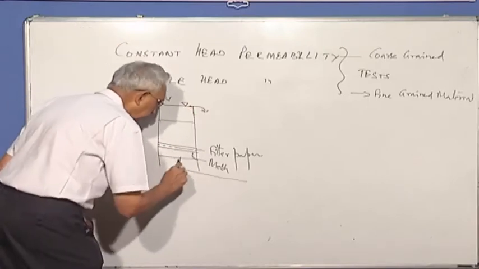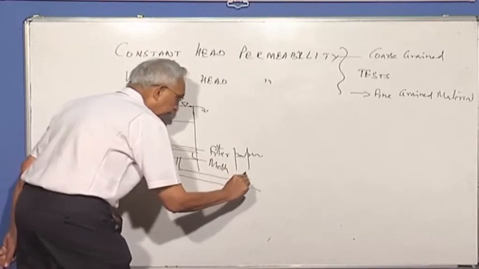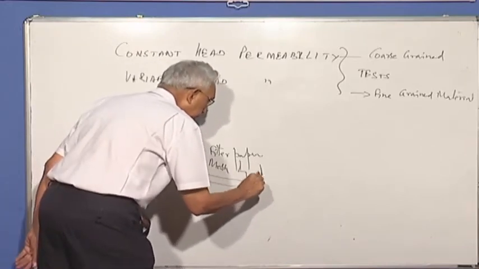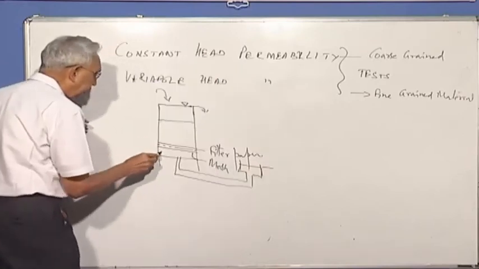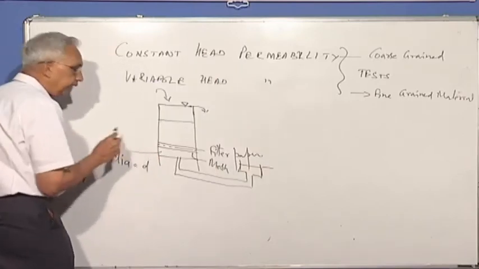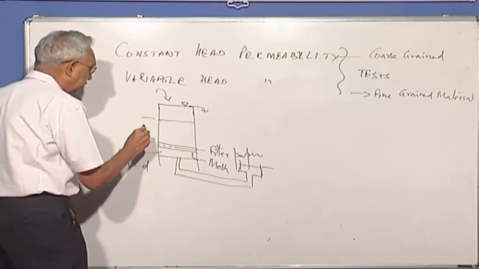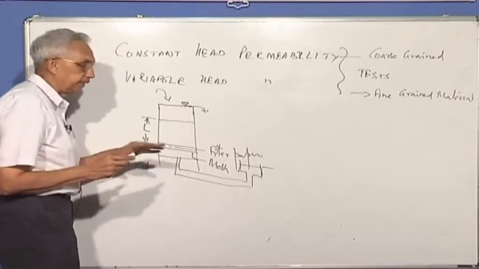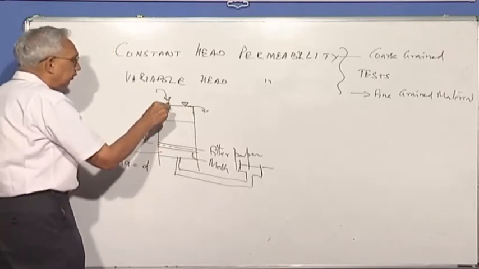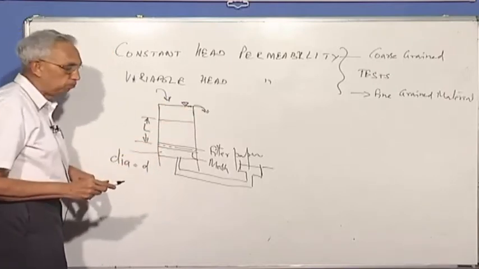Please note that the diameter of the tube is equal to D. The length of the sample is L. I maintain the water level here constant, so that if you keep adding water, it will just simply overflow.